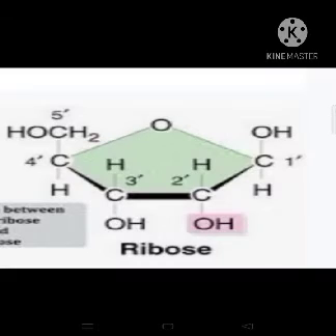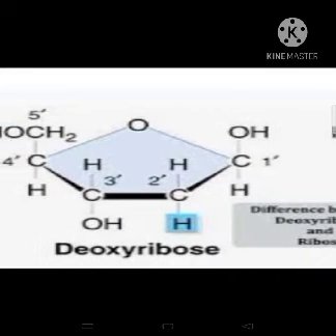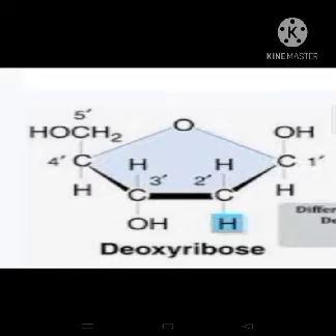This is the structure of ribose sugar which is present in RNA. It is a pentose sugar, that means it has 5 carbons, and in the second position you can see an OH group is there. That's why it is a ribose sugar, and in DNA it is named deoxyribose sugar because in the second position one oxygen is not there. That's why it is named deoxyribose sugar.